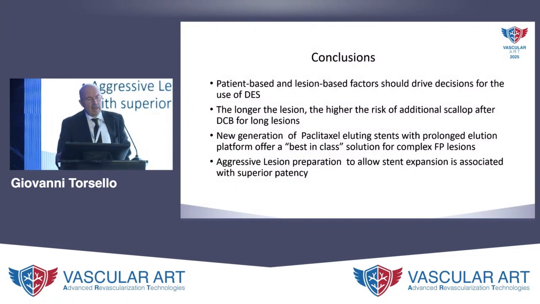In summary, patient-based and lesion-based factors both are important in our decision making for treatment of such patients. The longer the lesion, the higher the risk of additional bailout stenting after DCB, and the new generation of paclitaxel eluting stents show very good results even in complex and long lesion.